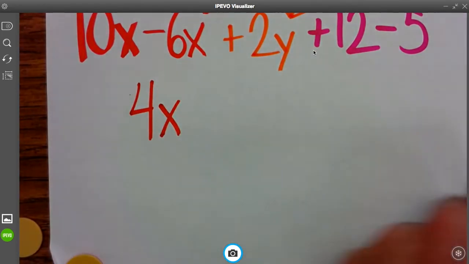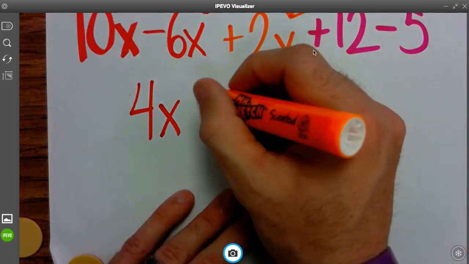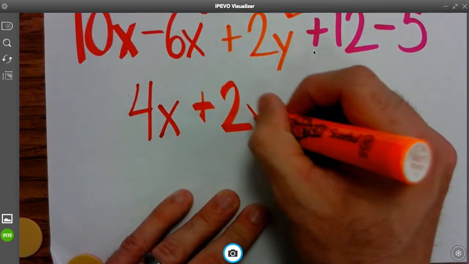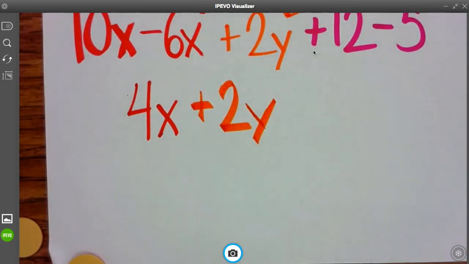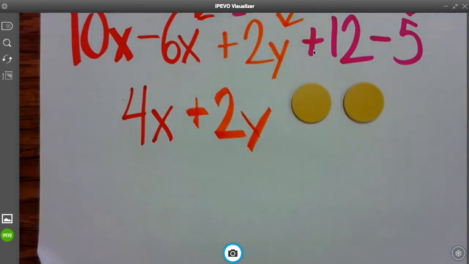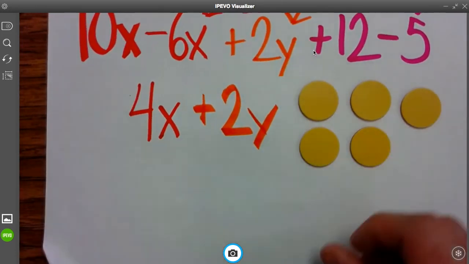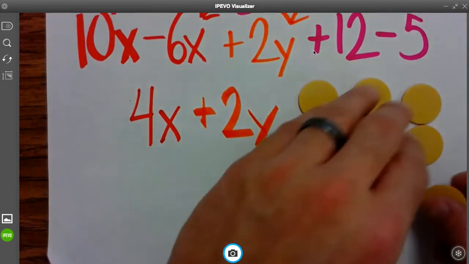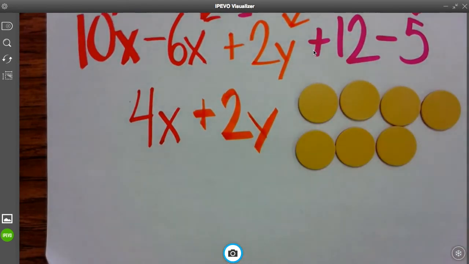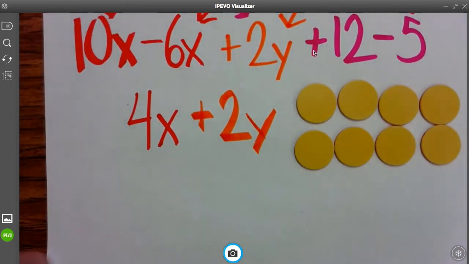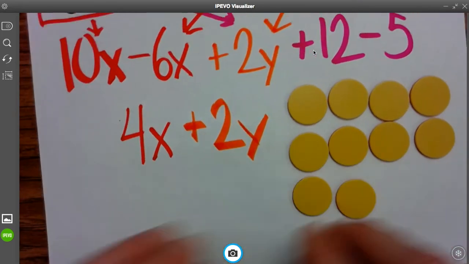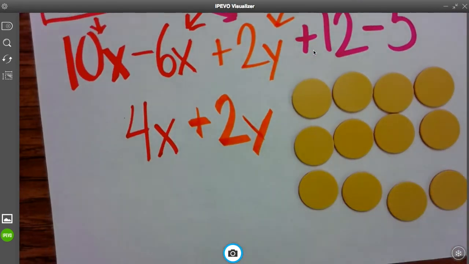So then I don't have any y's, so I can bring that down. So I have plus 2y. Then I have 12 positives. So let me line up all my positives here. So there's my 12 positives. And then I have 5 negatives.